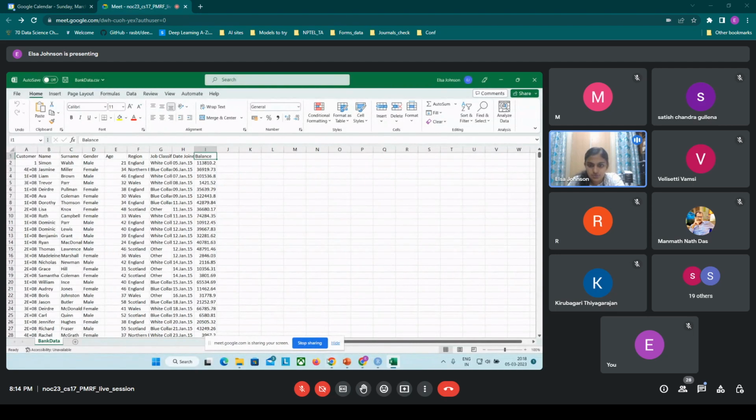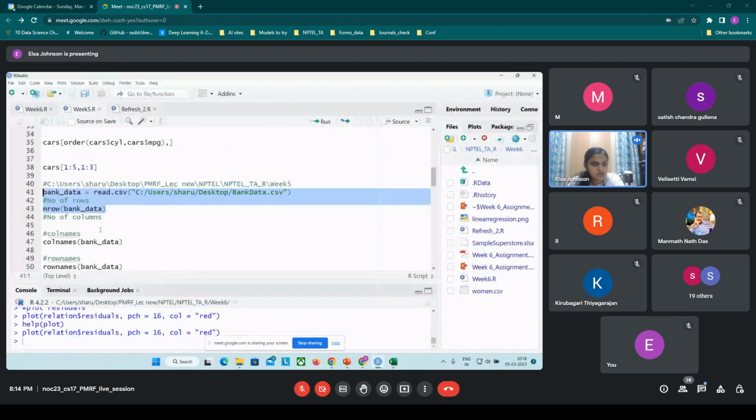We'll just work on some simple things with this data set so that it will be helpful for your further analysis. So I'll just read this bank.csv into bank_data.